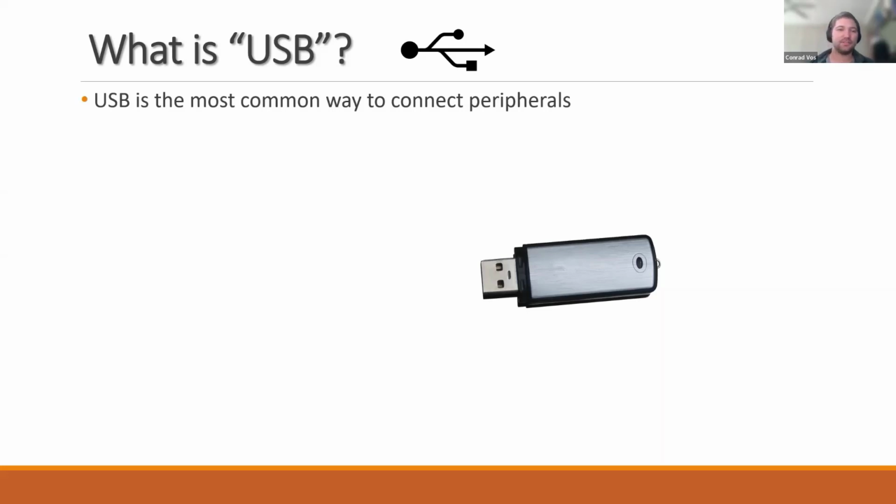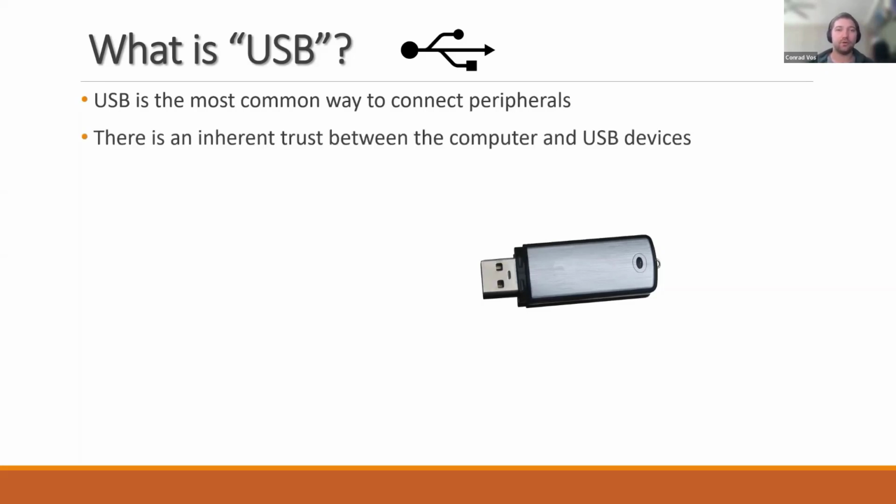But what does it actually do? How does it actually establish this communication? Well, it uses the inherent trust between a computer and a user to trust that whatever the user is plugging into the computer is what the user intended to be plugged in. So when a user plugs in a device, the device will identify itself.